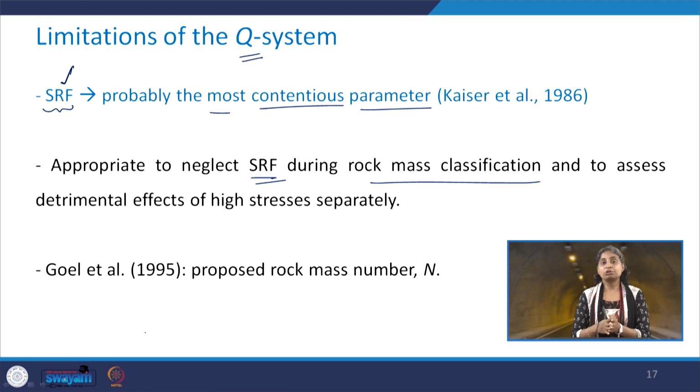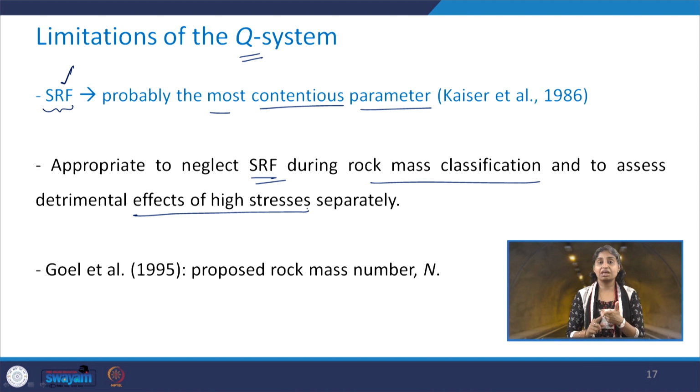So when we find out the rock mass quality index, we should neglect SRF, but when we are analyzing the underground excavation, we should consider these severe effects of high stresses separately. Keep that in mind. Do not count it twice.